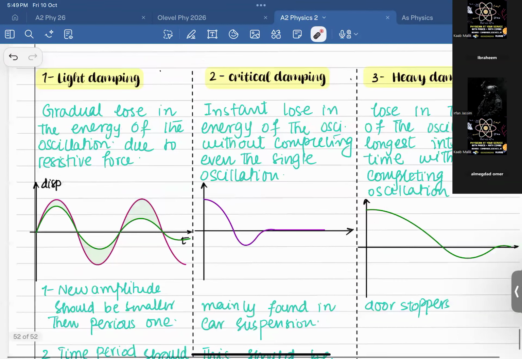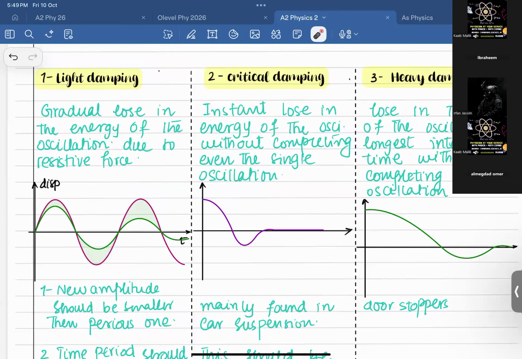Now after that we have critical damping. Critical damping is basically when you make a system where you want to lose the energy of the oscillation instantly, without even completing a single oscillation. You can see the graph isn't completing a single oscillation.